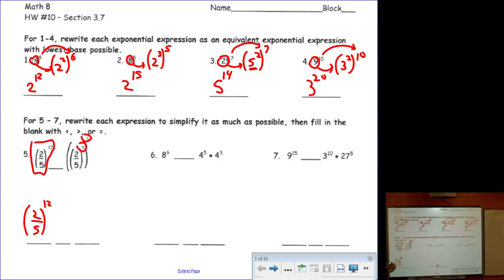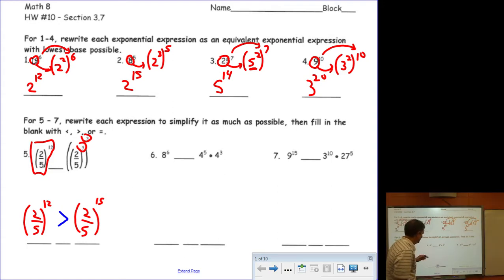On that one, you have a power to a power, so you can multiply those together and get 2/5 to the 15th, right? 5 times 3. Then we notice that the more times you multiply a fraction, the smaller it gets. So 2/5 to the 15th power is actually smaller because it's a fraction multiplied by itself more times.